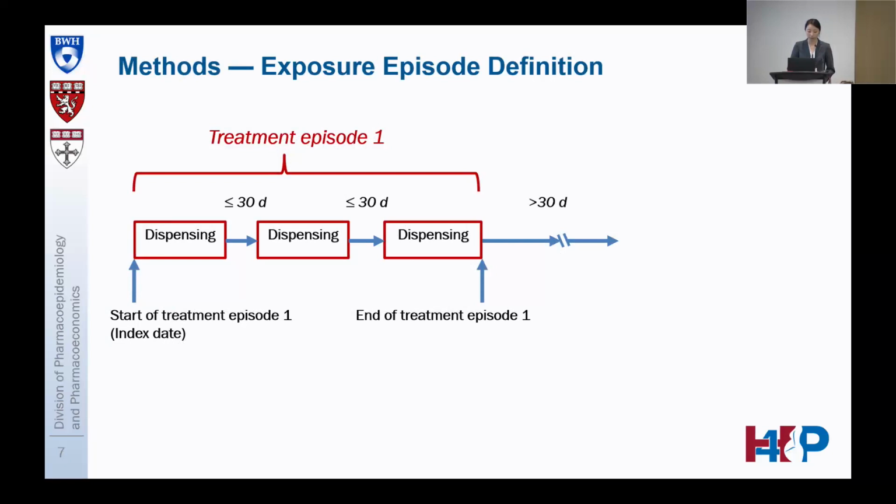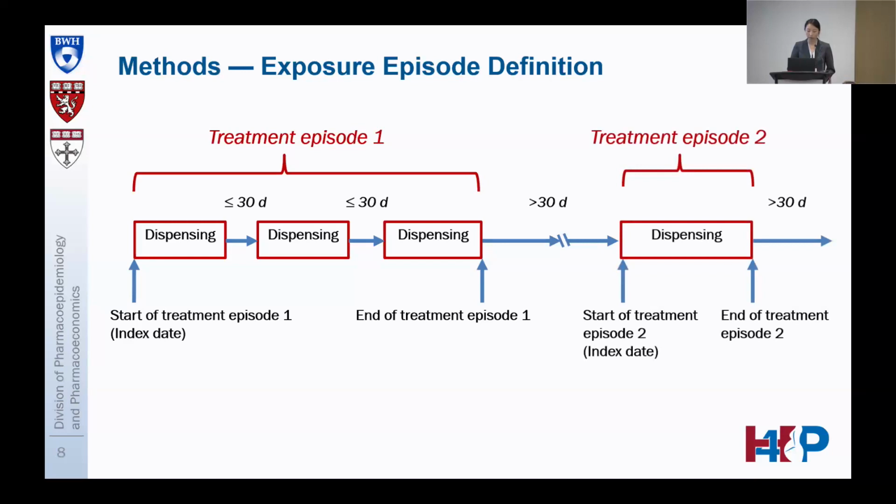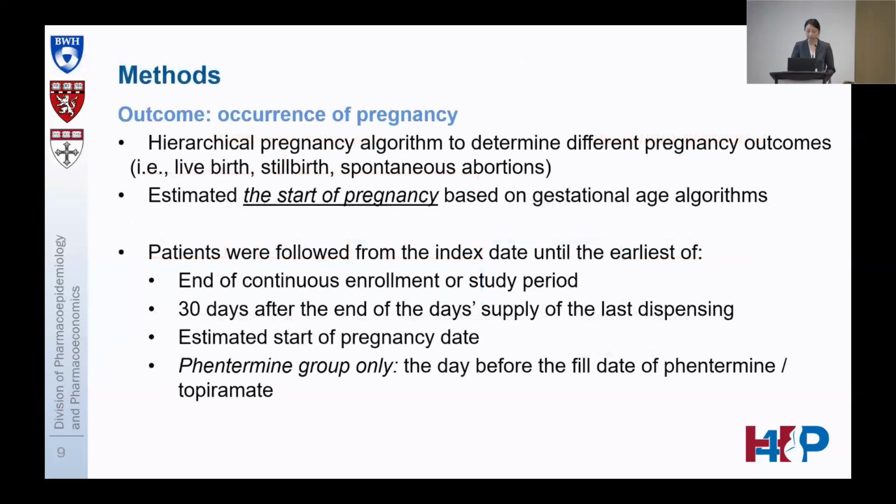If the gap between the two dispensings is less than or equal to 30 days, we consider them under the same treatment episode. If it's more than 30 days, then they start a new treatment episode in our data set. Based on this, we assign the index date and also the end of the treatment episode to evaluate when the patients are on the treatment and when we can further look into whether they become pregnant afterwards.